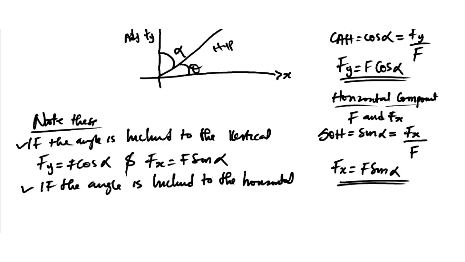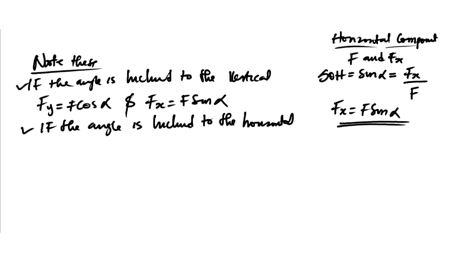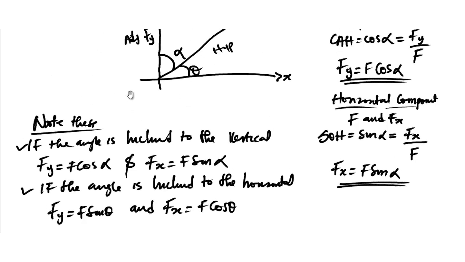If the angle is inclined to the horizontal, then we have F subscript y equal to F sine theta, and F subscript x equal to F cos theta. Now, please note something. Both theta and alpha are just dummy variables that represent an angle. I only use alpha and theta to show that alpha represents the angle of inclination to the vertical and theta represents the angle of inclination to the horizontal.